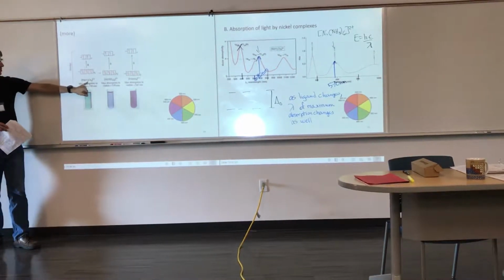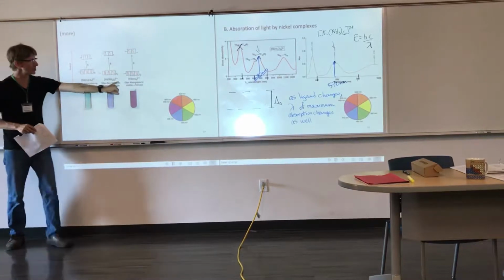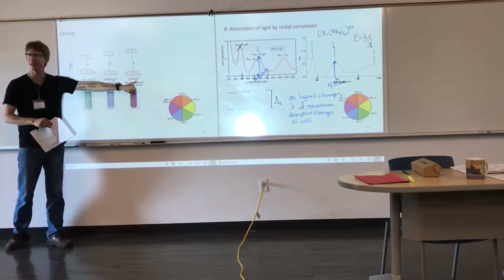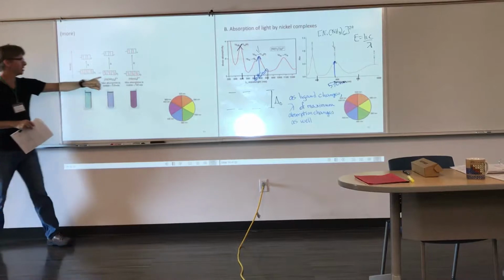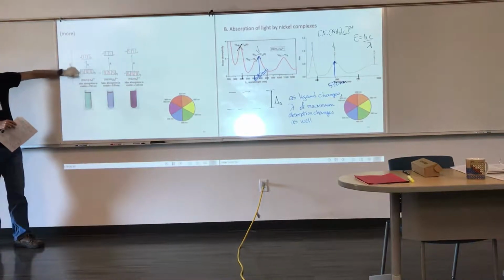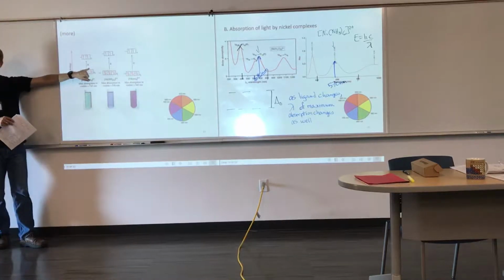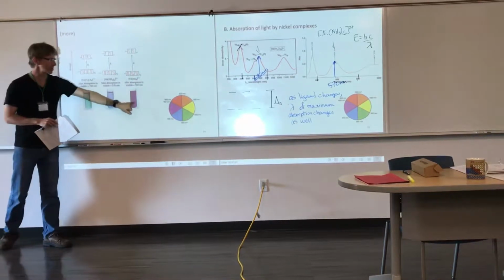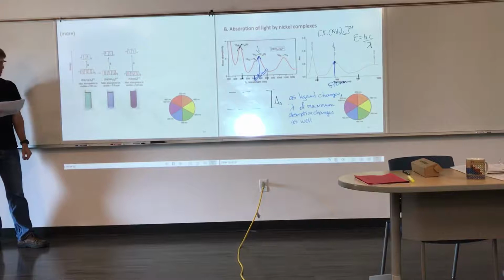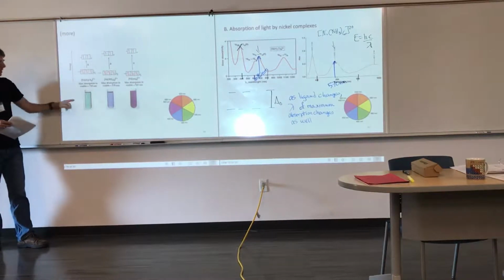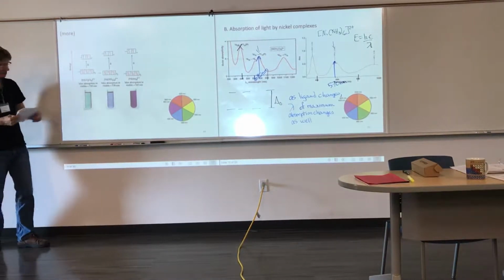We've got 6 ligands of water, 6 ammonias and 3 ethylene diamines. What we're showing is that as you go from one to the next, the delta becomes larger, and the colors of the solutions change. And if everything is working out well, I'm going to call this green.